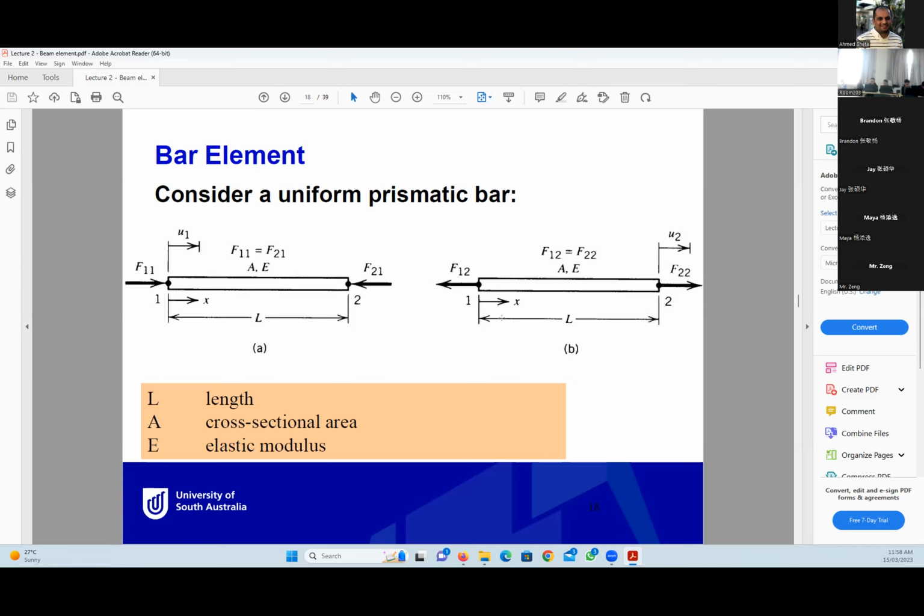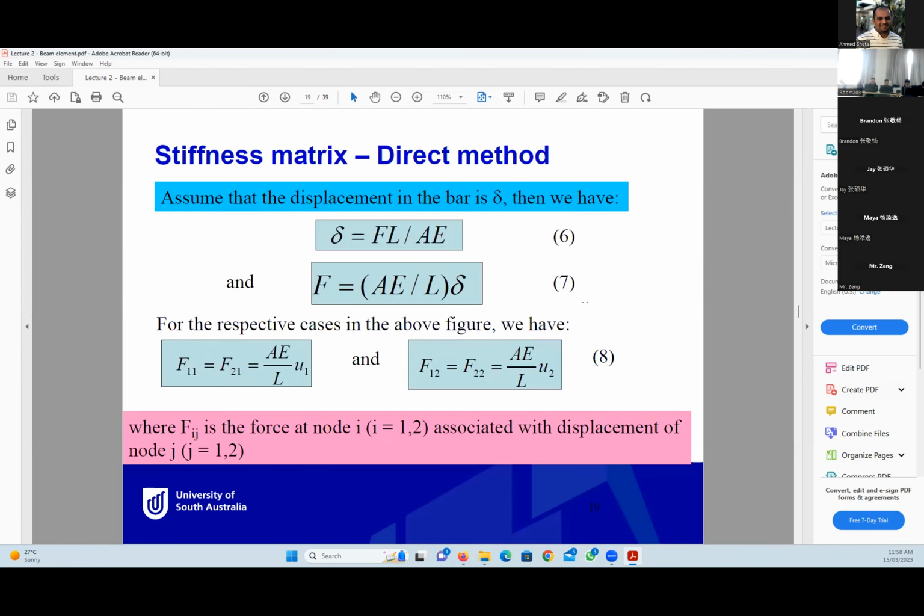So how many forces do we have for this element? Four forces: F11, F21, F12, F22, because we have two nodes. The displacement at each node will cause force at each node, so we have four components.